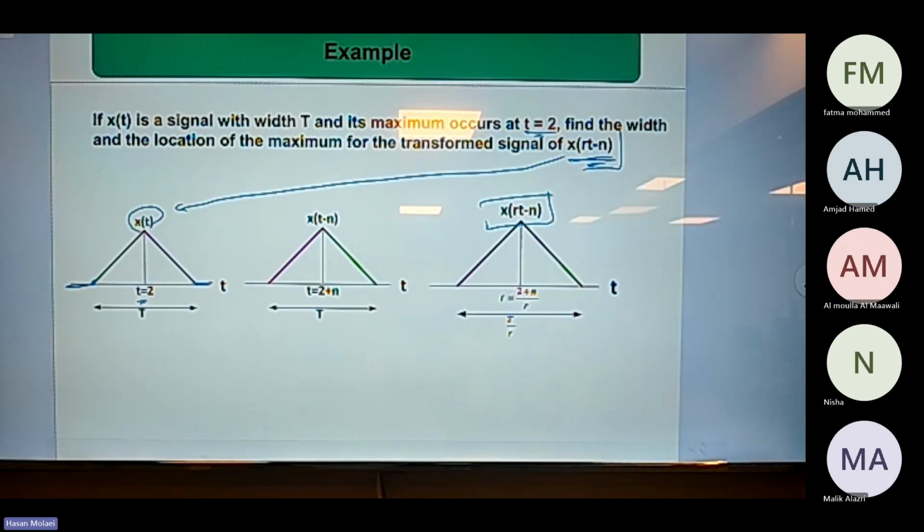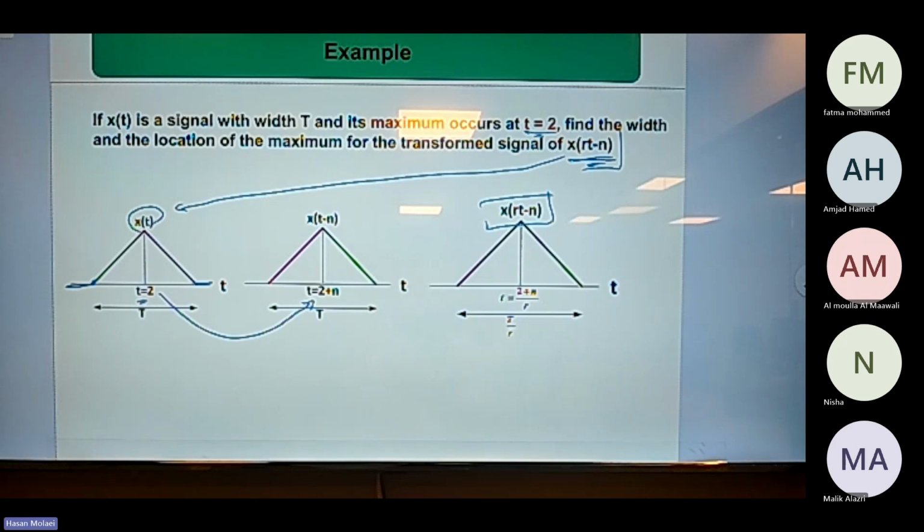I need to move the waveform to the right, for how much? N. So t was at 2, now it goes to 2 plus N. The maximum of the waveform now is at 2 plus N.